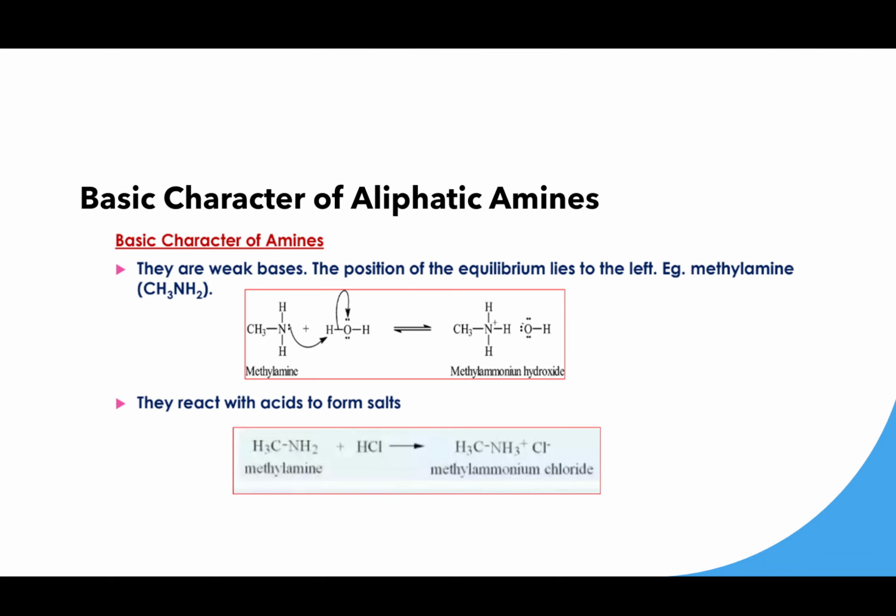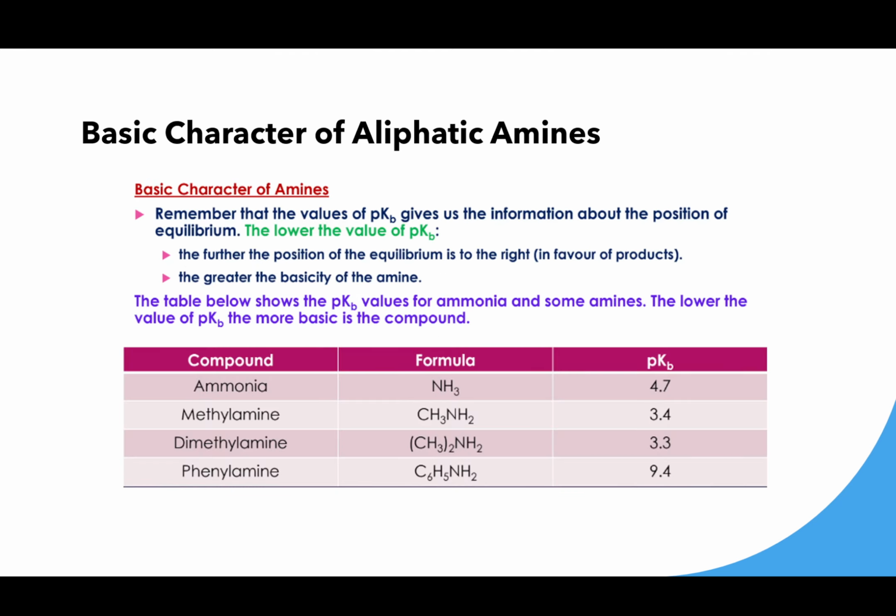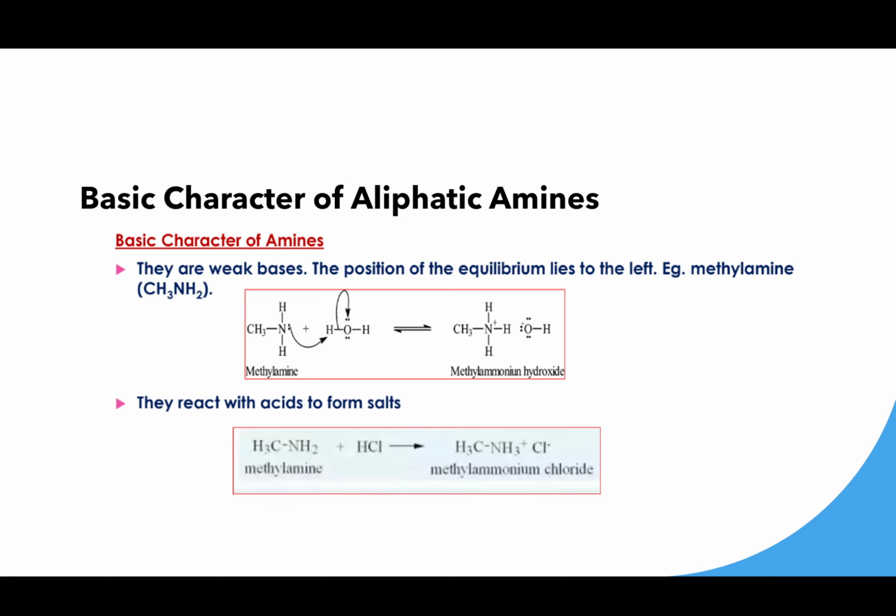A Lewis base is an electron donor. Lovely. So notice that the nitrogen is donating its electrons to the hydrogen specifically, in order to create the methyl ammonium hydroxide. That is our substance here.